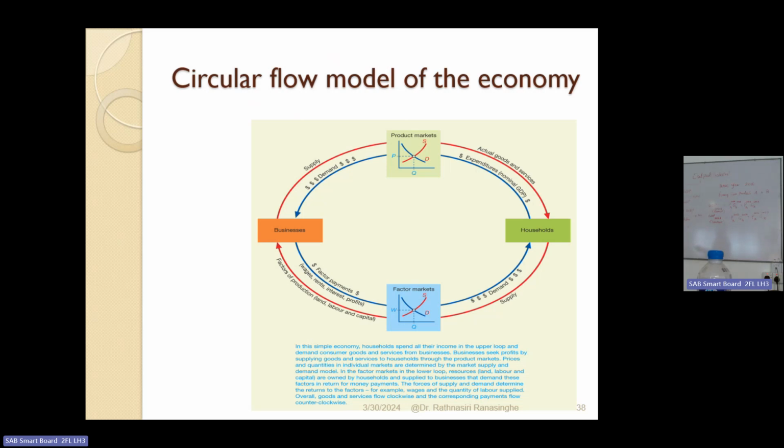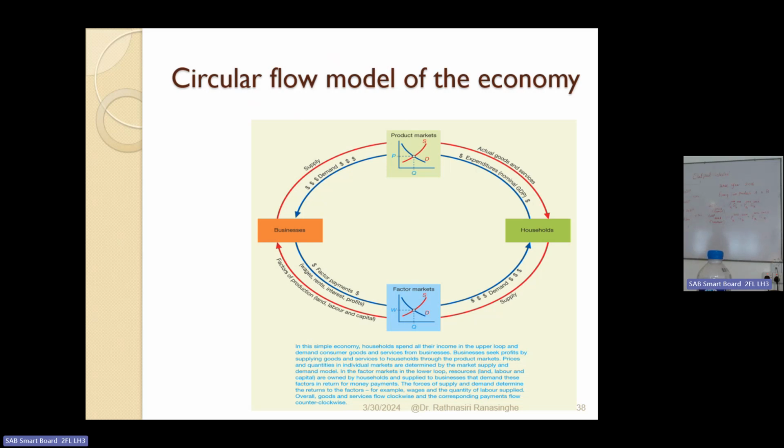Based on that, we determine the expenditure from the firm's point of view to acquire the factors of production. And on the other side, from the factor owners' point of view, that determines the factor income for them, right?